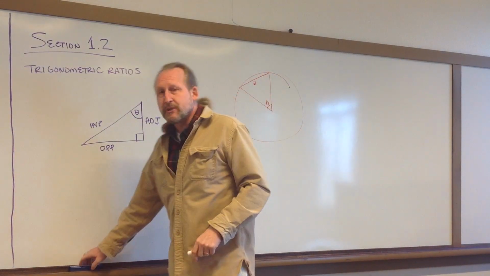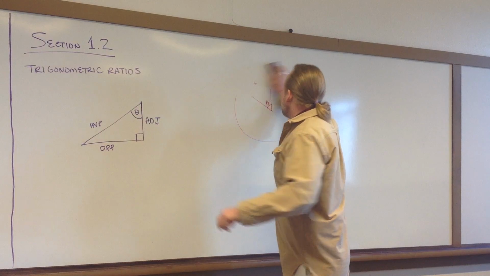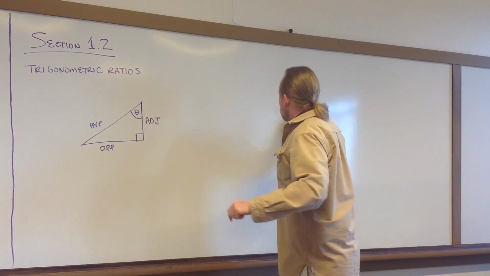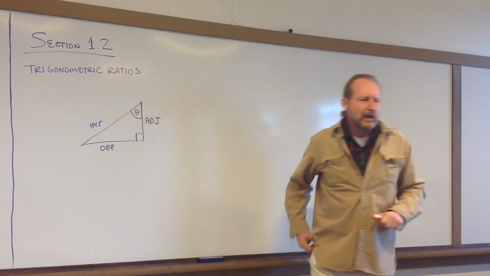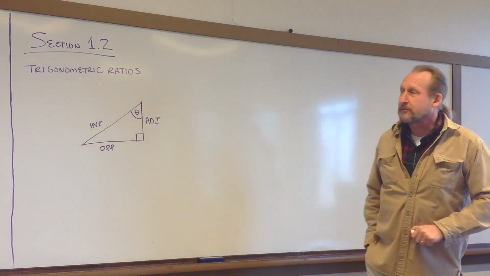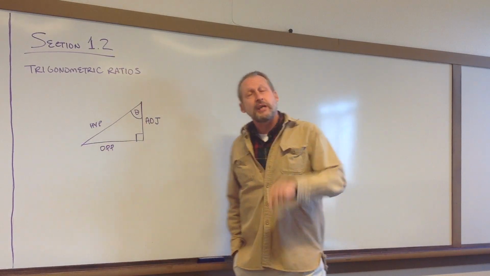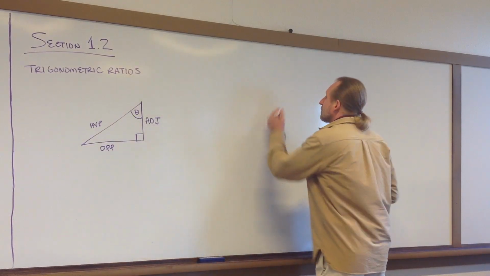But modern trigonometry is frequently based on the right triangle, and then also something that we'll talk about, I think in chapter 2, which is trigonometry on the coordinate axis.